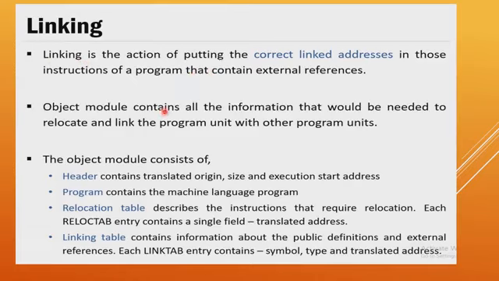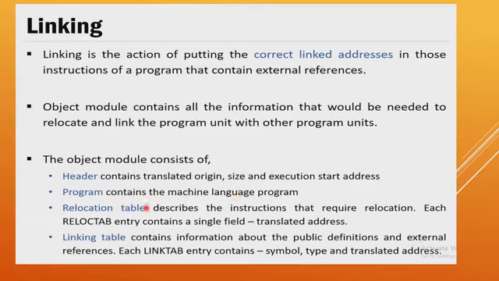The object module contains all the information that is needed to relocate and link the program unit with other program units. What does this object module consist of? It consists of the header, which contains the translated origin, size and execution start address, and the program, which contains the machine language program.